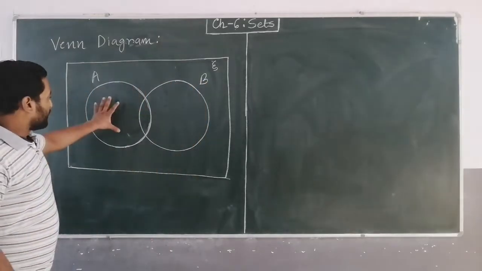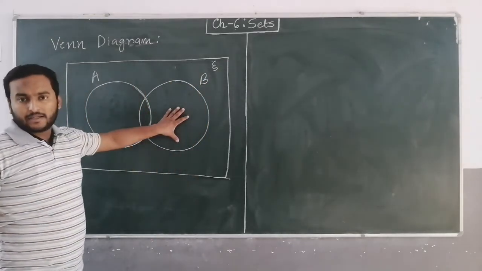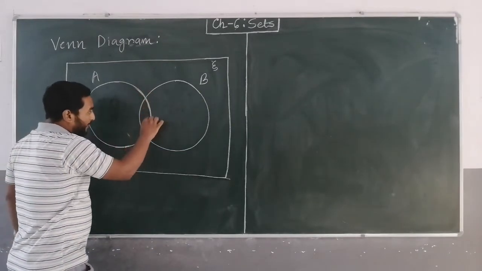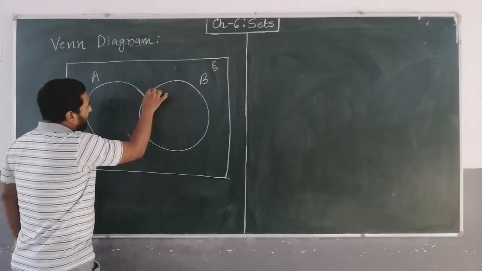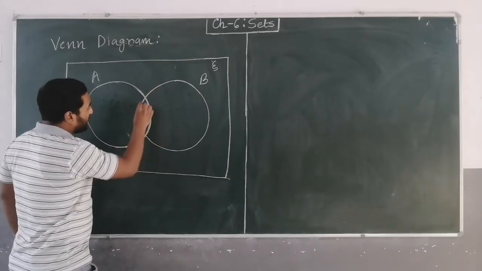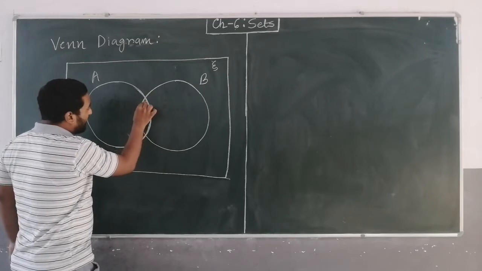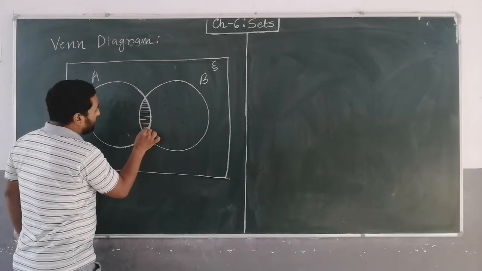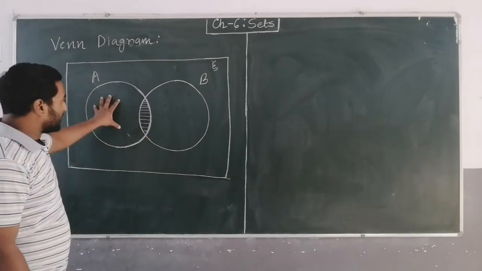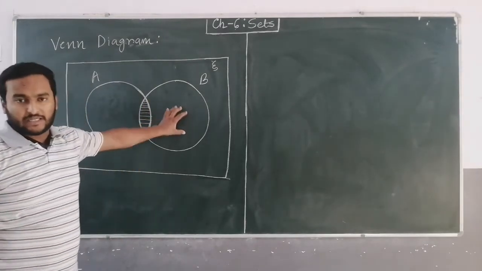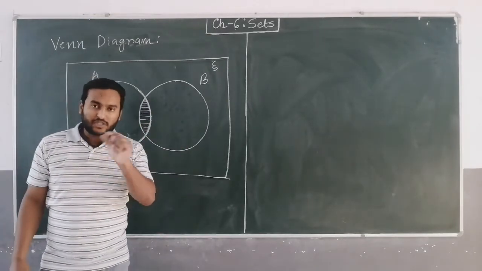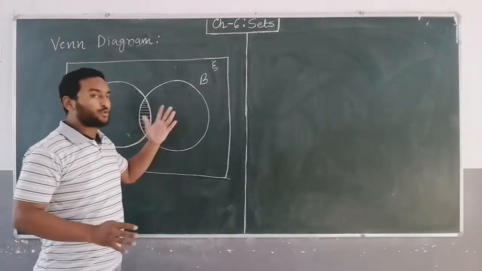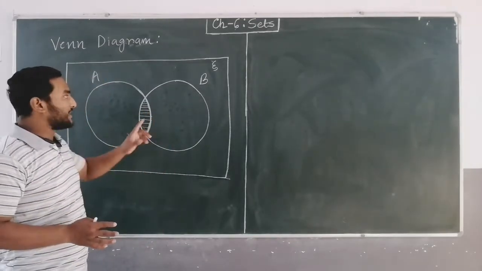Clear? So these two sets are said to be overlapping because see this. Here, this is set A and this is the boundary of set B. So this part is overlapping, that's why we say these two sets are overlapping sets. In roster form, I told you that if at least one element is common between two sets, then they are overlapping.